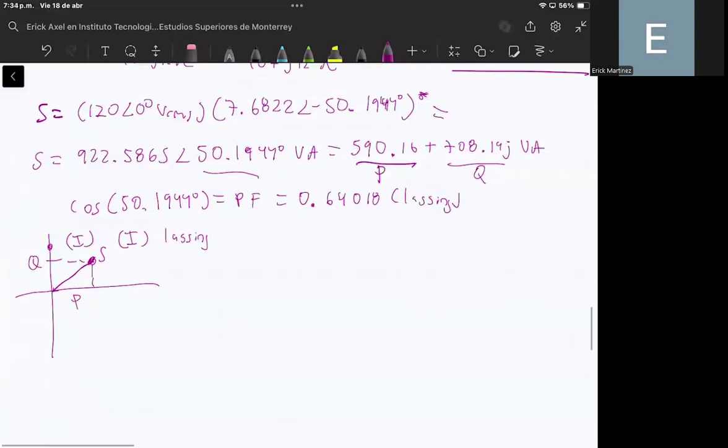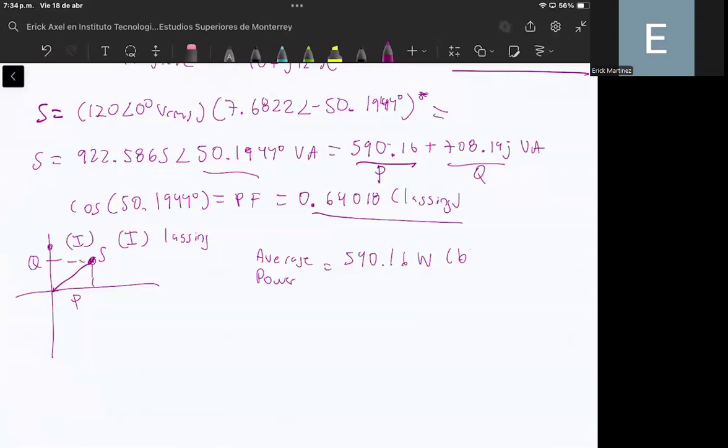So we have computed that the power factor of the circuit is 0.64, and also we know the average power, that is basically the real part of the complex power of the circuit. So the average power is equal to 590.16 watts.